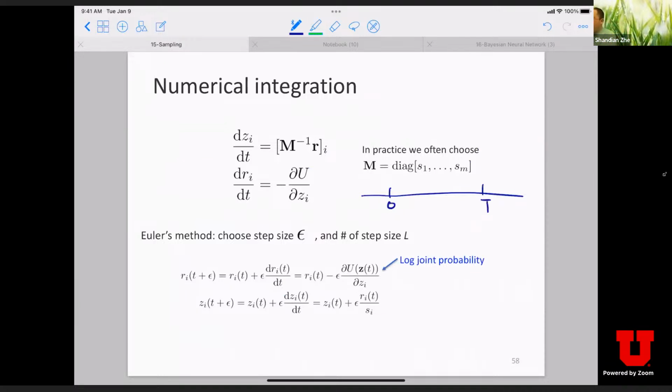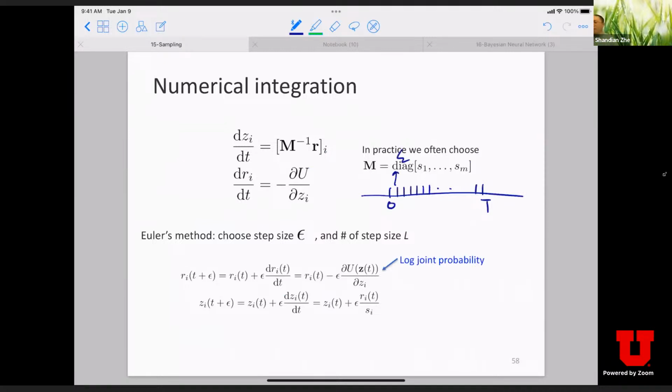the method is that I'm going to choose a very small step size to partition this time range into many, many small steps. The step size is denoted by epsilon.